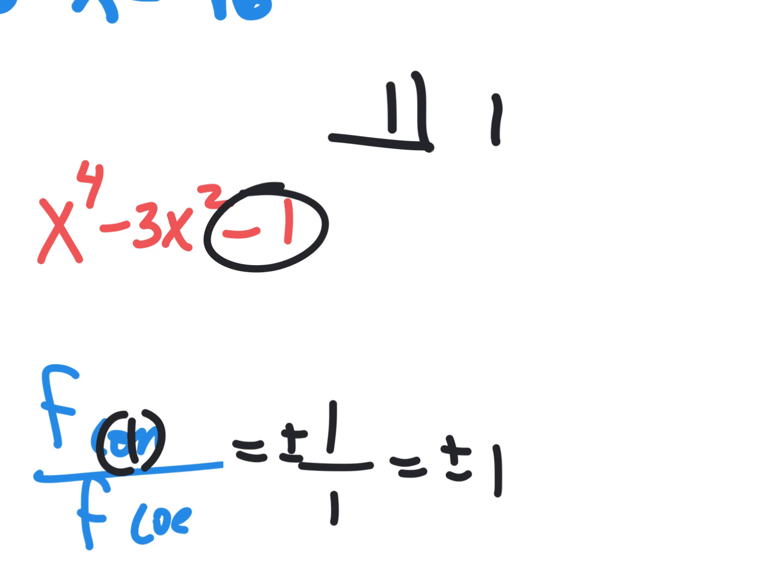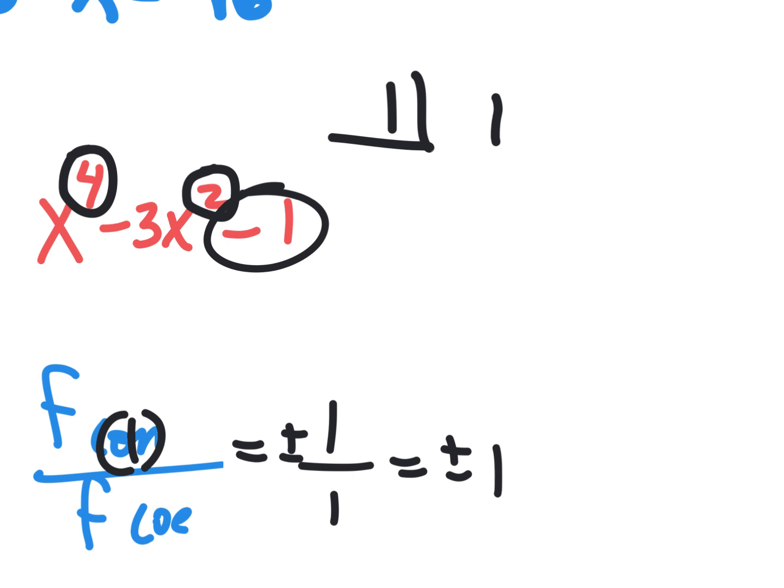Oh, wait a minute. This has got that weird missing term thing. Do you remember that? If it goes from 4 to 2, then there was an x to the third that was missing.